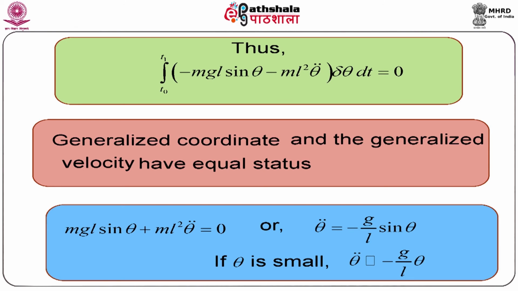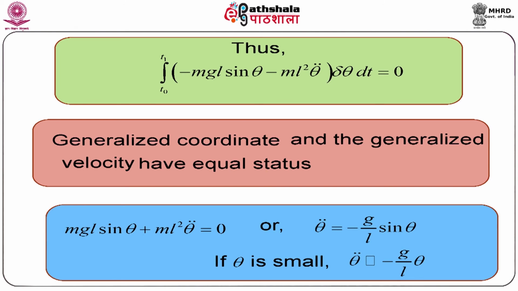Since the generalized coordinate θ and the generalized velocity θ̇ have equal status, and as the above result holds good for all arbitrary variations, we have mgL sin θ + mL² θ̈ = 0.